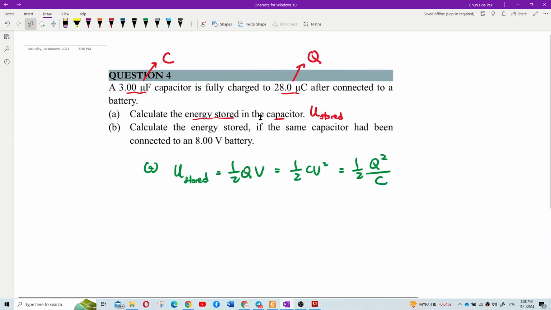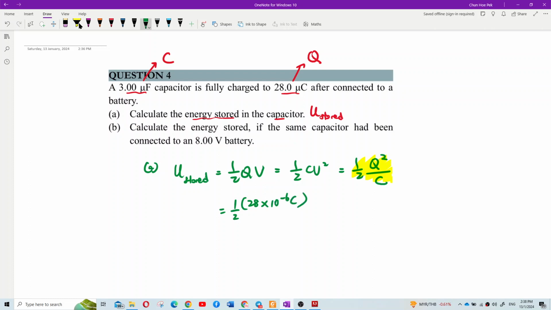So we have charge and also capacitance. So which formula do you use? Half Q squared over C. Change to SI units: 28 micro, micro means 10 to the negative 6 coulomb, squared, over 3 microfarad, that means 10 to the negative 6 farad.